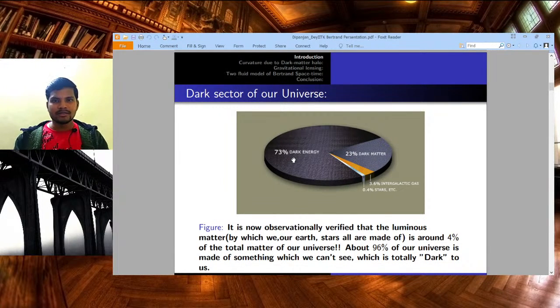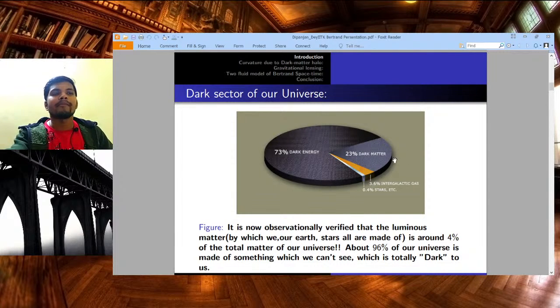Now this energy is acting on space-time. It doesn't make objects move further, it makes space-time itself move away. That is the work of dark energy.